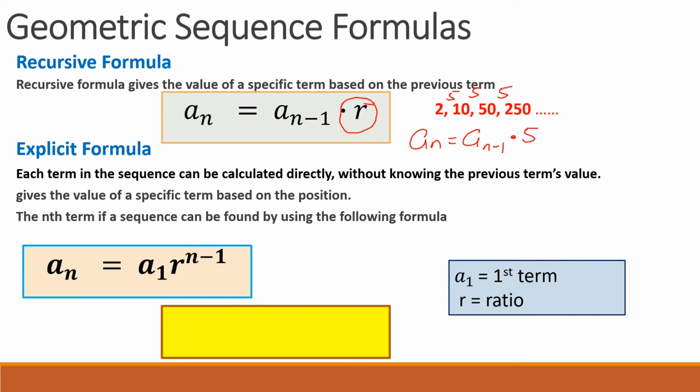For the example up here, to write an explicit formula, a sub n equals our first term, 2, times our common ratio, 5, raised to the n minus 1 power. That would be the explicit formula for this example. Or you may see the formula written this way, with your first term and this dot here. Either way, those are explicit formulas.